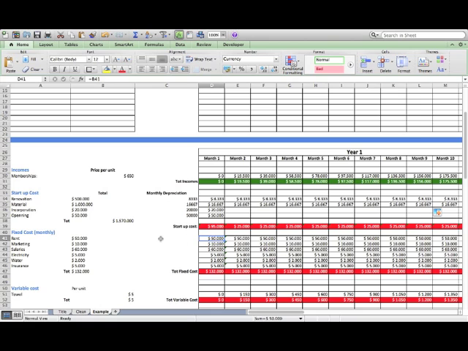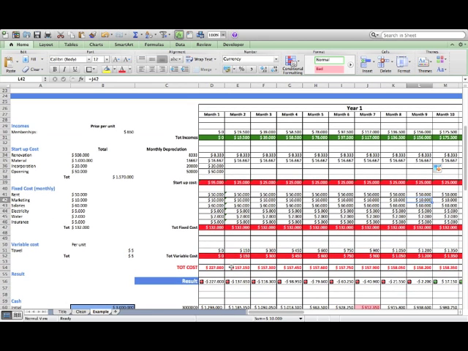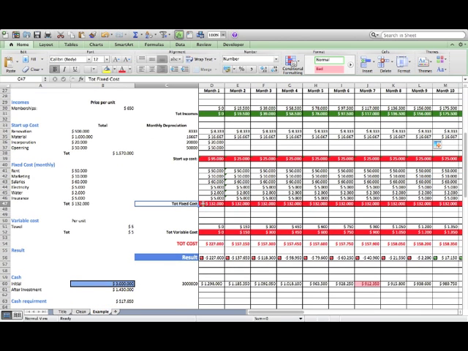It's exactly the same, and then you spread the whole thing over the 36 months. Then here you will have the sum of all these, and you have a total fixed cost per month of 132,000, which is actually the same as here, and that makes perfect sense, so it's good.